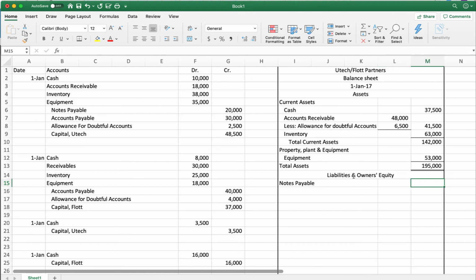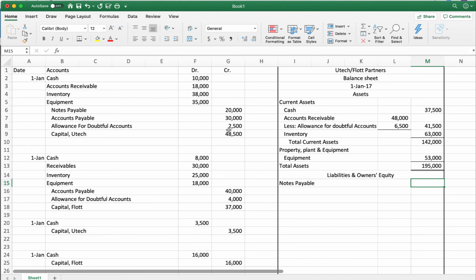And we need to go back and say, okay, who signed a note, right? Did both UTEC and Float sign a note? And are they contributing those notes into the new partnership? Well, they are. They are going to contribute all the assets and all the liabilities that they originally had and put it into one company, or one partnership.